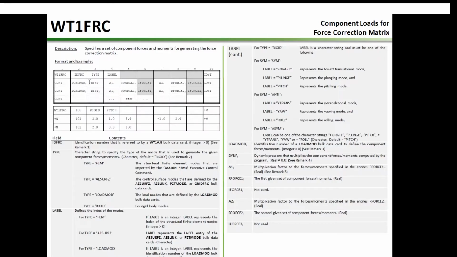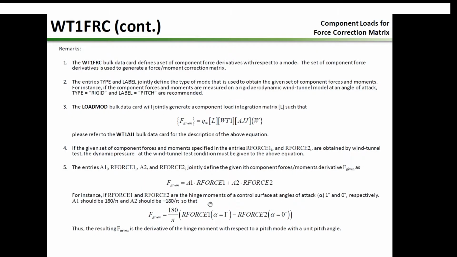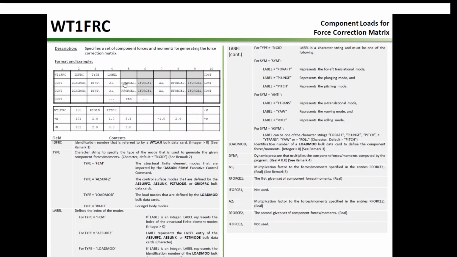Then you give a dynamic pressure where you measure the wing root bending moment at, say, angle of attack equals 1 degree, and another wing root bending moment at angle of attack 0 degree. So you will use this equation to compute the slope of this wing root bending moment with respect to angle of attack.